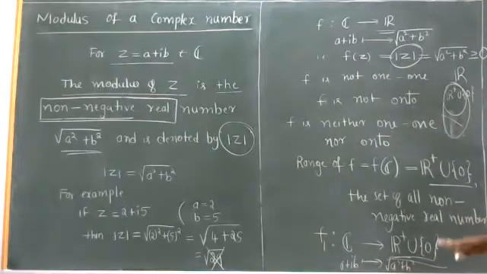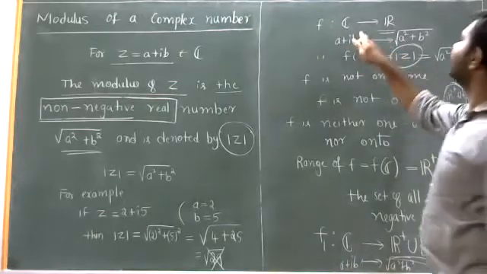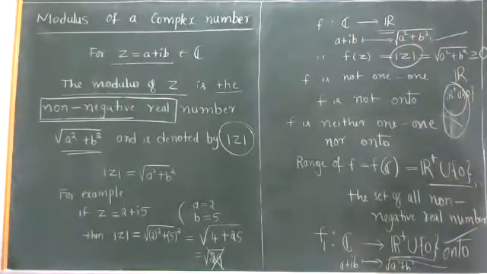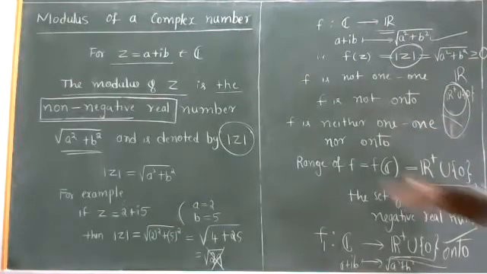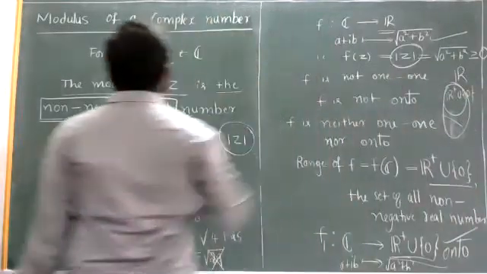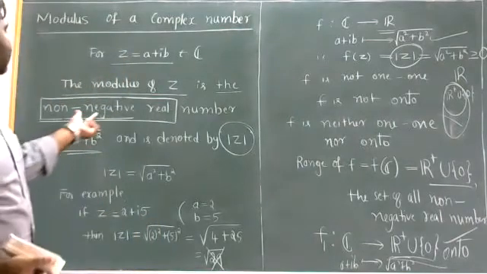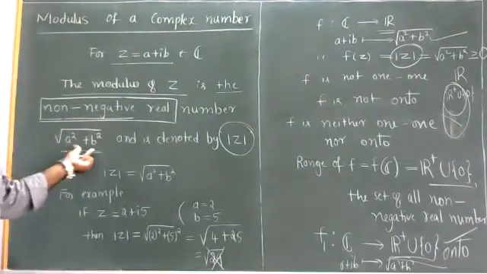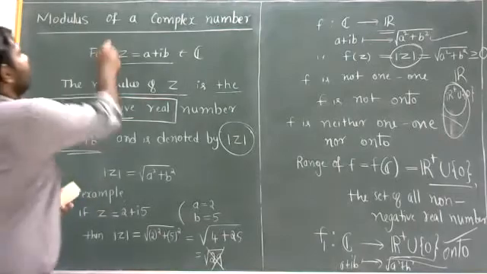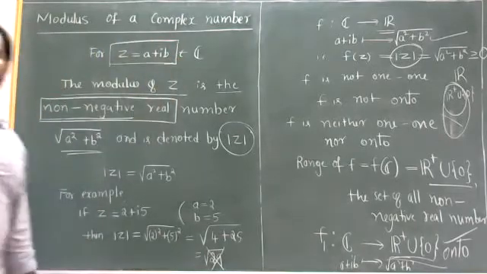So if you replace the codomain by the range of f, then the function will be onto. But f from C to R with this definition is not onto. So it is neither one-one nor onto. The modulus of a complex number is the non-negative real number square root of a square plus b square for the complex number a plus ib.